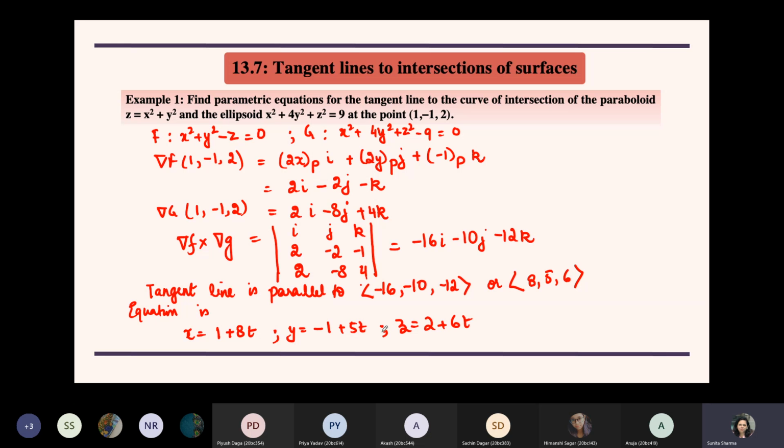This is how you get the equation of the tangent line. Is this fine? Just go through this and see. Anyone has any doubts?